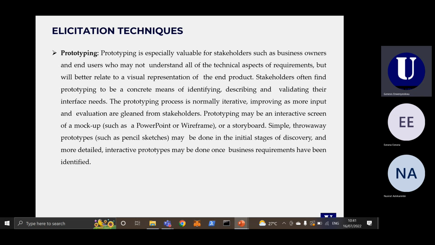So the prototyping process is normally iterative, improving. As more input and evaluation are gleaned from the stakeholders, we end up improving the prototype. So let's say, for instance, we go for the first session with our version of e-learning to Access Bank, and then we walk them through how the solution works, and then they give us feedback. We come back to the office, we implement their feedback, structure everything.